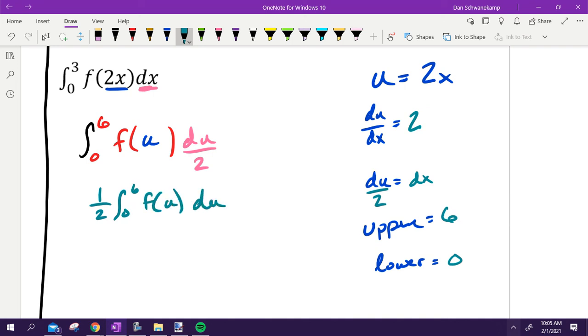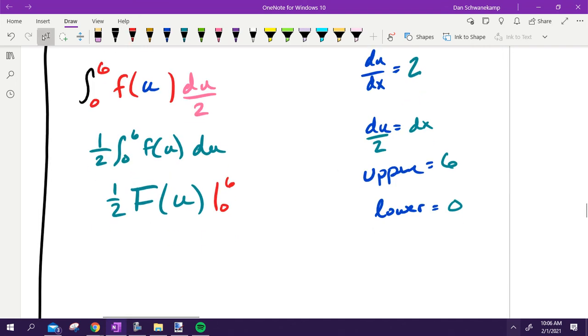And then just do the problem. I'm integrating f of u, lowercase. What comes before lowercase f of u? Capital F of u. Is it weird? Sure it is. Doesn't matter. That would be my setup. Then all I would have to do is evaluate it from 0 to 6.